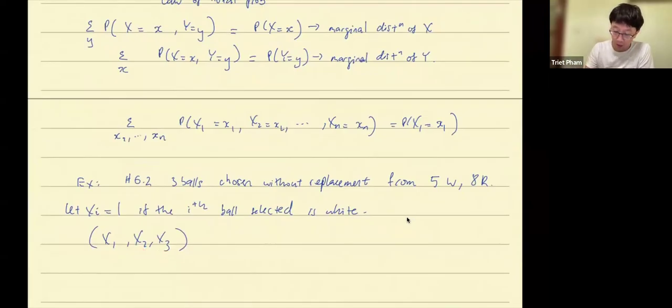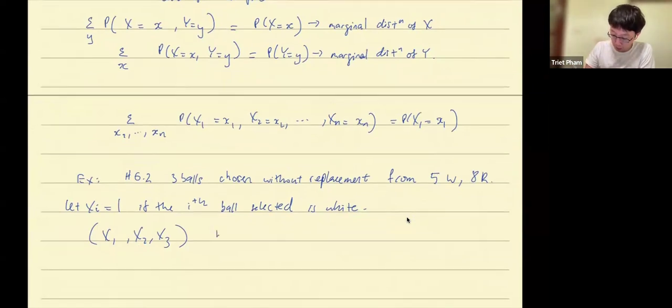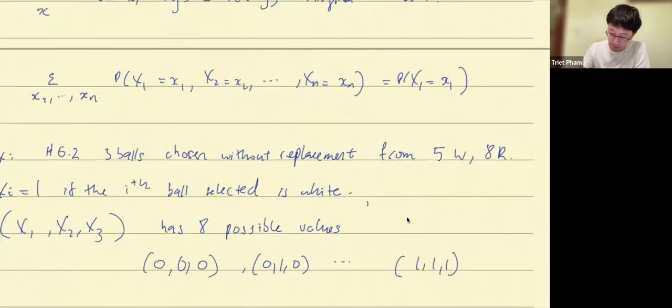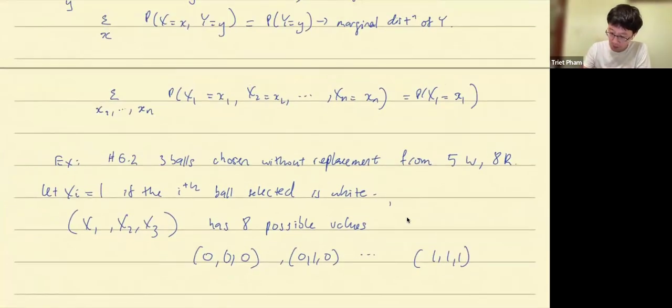Together they take eight possible values, from 0,0,0, 0,0,1, etc., up to 1,1,1.